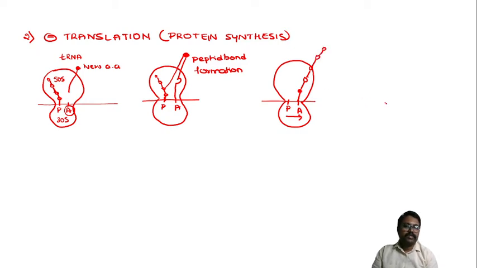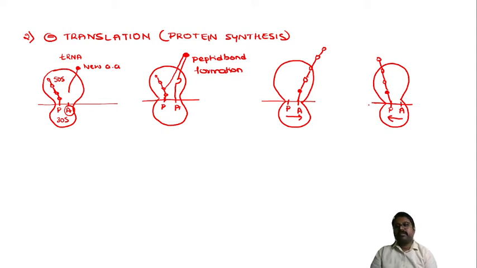Following that, the next process will be translocation. So what happens in case of translocation? This is the P site and this is the A site. In translocation, the newly formed peptide chain will be translocated to the P site from A. So now let us see which are all the drugs which can inhibit this process.